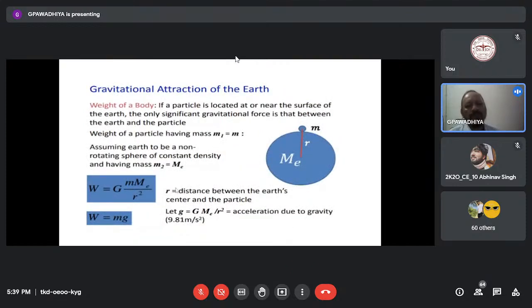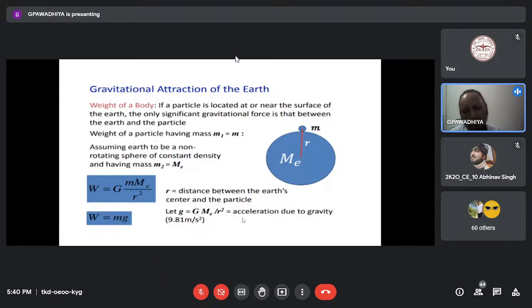Now how do we use it in our mechanics studies? Because we are creating structures and objects on Earth, close to Earth. So here one mass is the mass of the Earth, and another mass is the mass of the body. So here G M_e over r square, this entire term defines the acceleration due to gravity. So we define the weight, or the gravitational force, as mass into G M_e over r square, or mass into g.